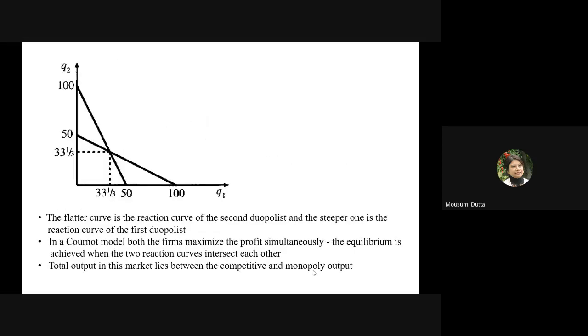Oligopoly output means 33 1/3 into 2, which lies in between the competitive and monopoly output.